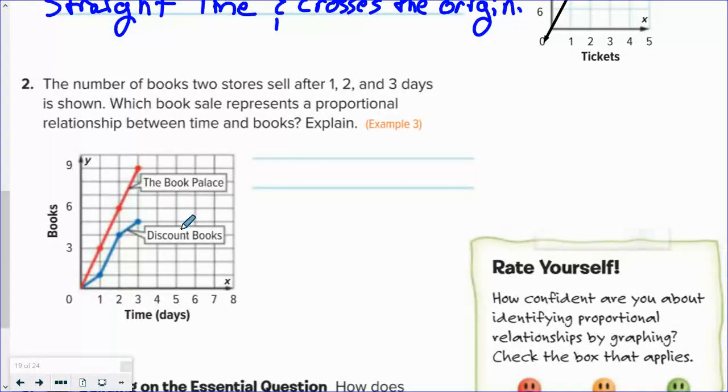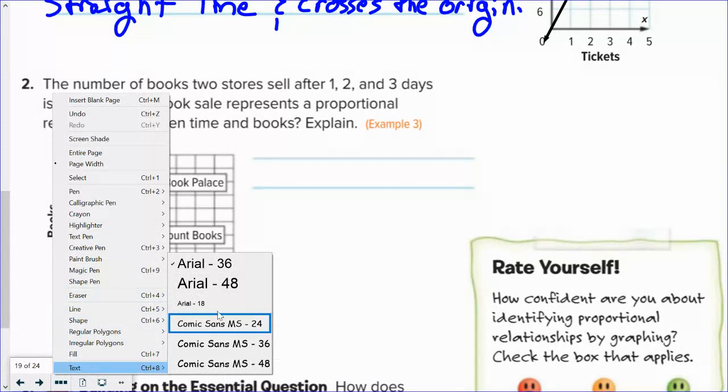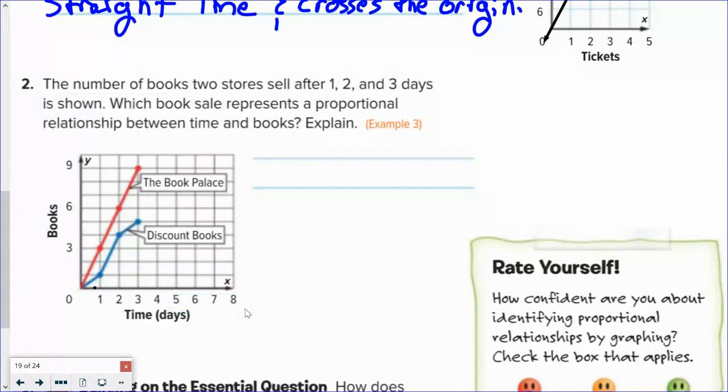What about Discount Books? It does cross the origin, but it is not a straight line at all. That tells us what we need to say. Which one crossed the origin and was straight? Book Palace.